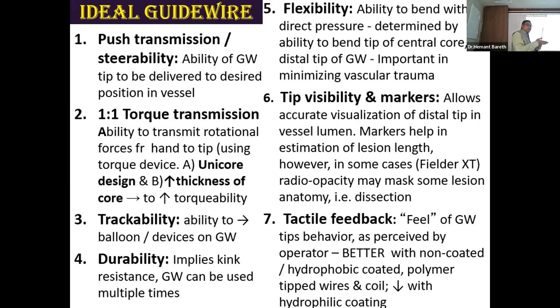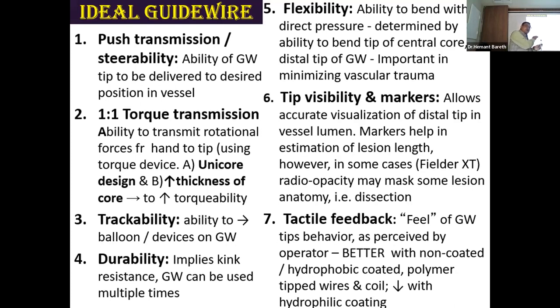So then it is possible that you want to make the wire enter a branch, but if there is no torqueability, then the wire will not move into the branch. So you require a 1:1 torque transmission. How do you achieve this 1:1 torque transmission? By having a unicore design. And I will show you what I mean by the unicore design. It means the core is extending to the tip.